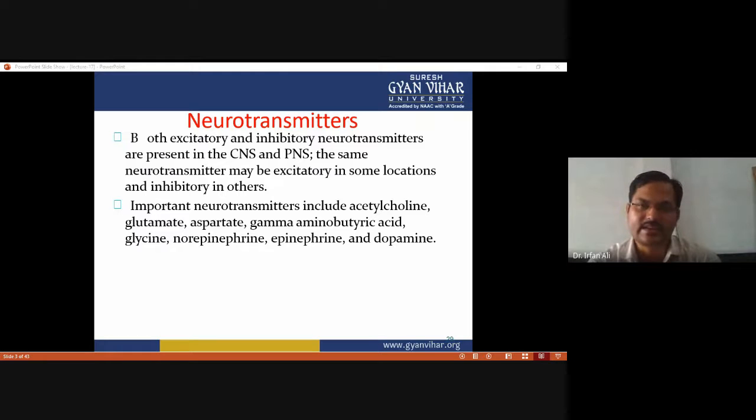When it acts as an excitatory neurotransmitter, nerve impulse conduction takes place. If it acts as an inhibitory neurotransmitter, nerve impulse conduction does not occur. Important neurotransmitters include acetylcholine, glutamate, aspartate, gamma aminobutyric acid, glycine, norepinephrine, epinephrine, and dopamine. All these are neurotransmitters.